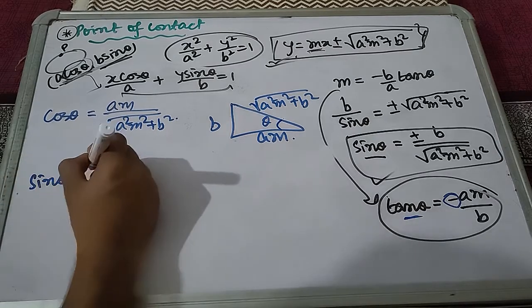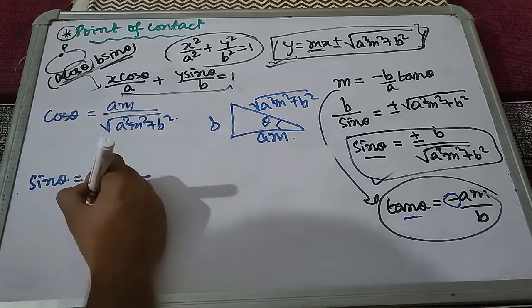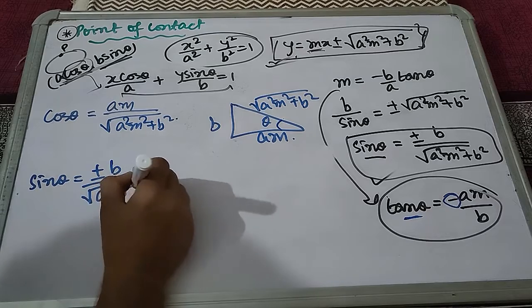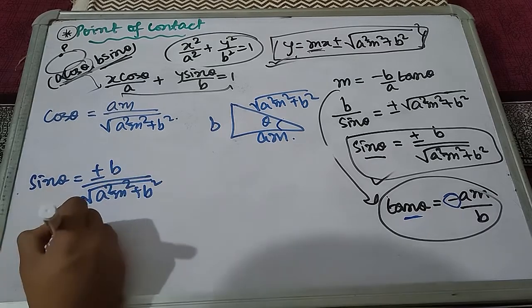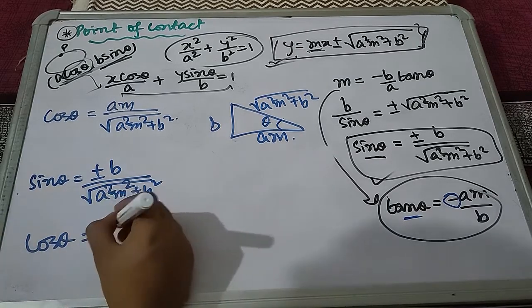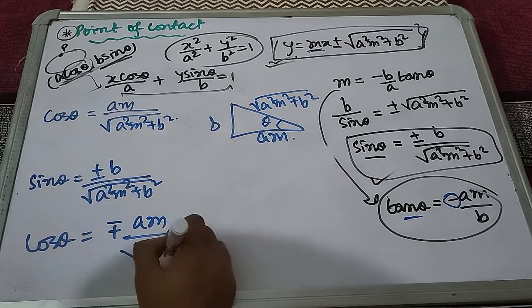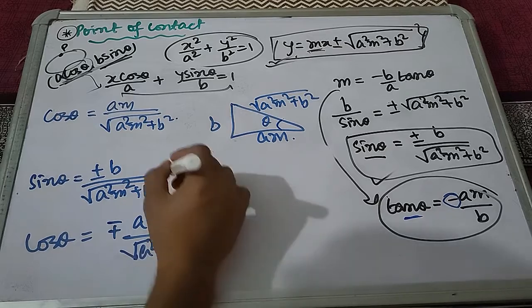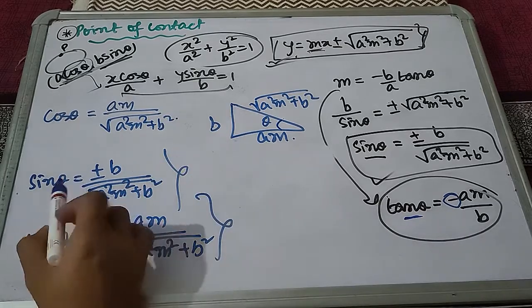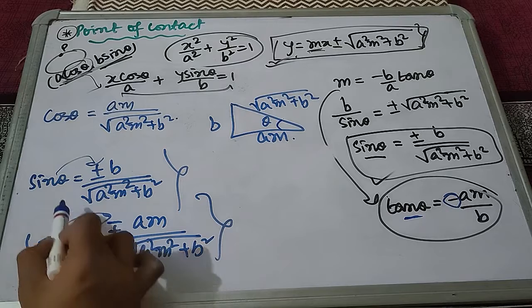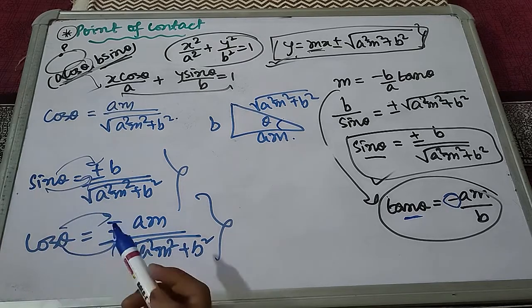If sin theta equals plus minus of b by under root a square m square plus b square, then cos theta should be minus plus am by under root a square m square plus b square. They should change sign: when sin is plus, cos is negative, when sin is negative, cos is plus.